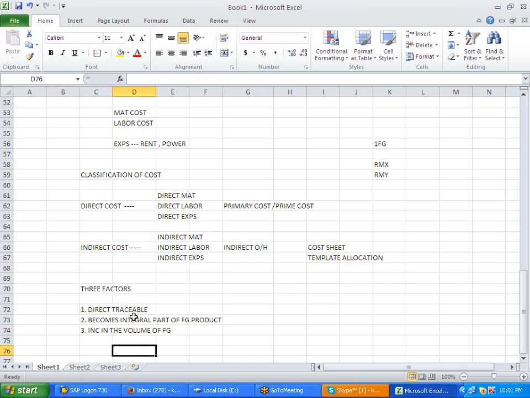So these are the three factors you need to look into when considering a direct cost. Similarly, the indirect cost is the opposite of all this: it is not directly traceable, and not an integral part of an FG product. Whether you apply an indirect cost or not, it does not impact the volume of the FG product or your finished product.